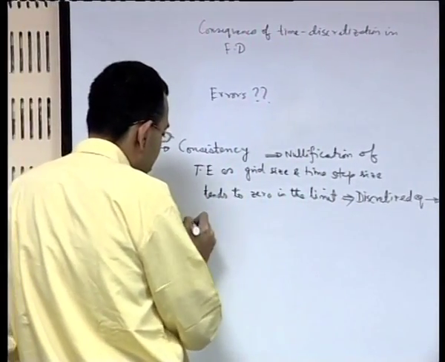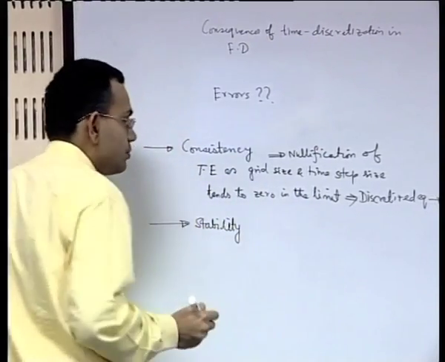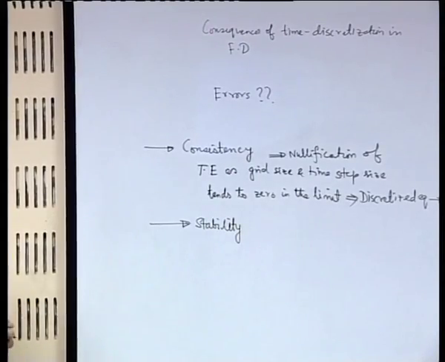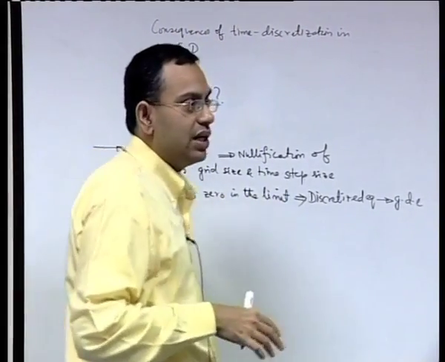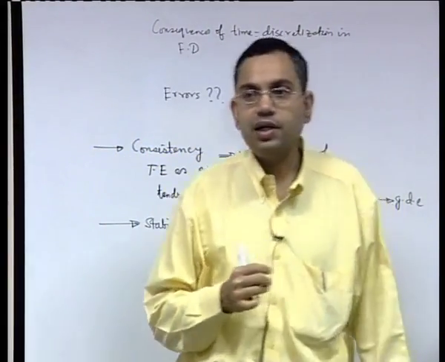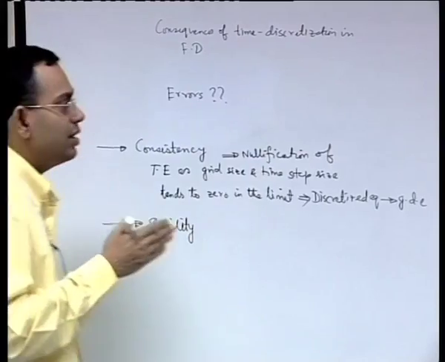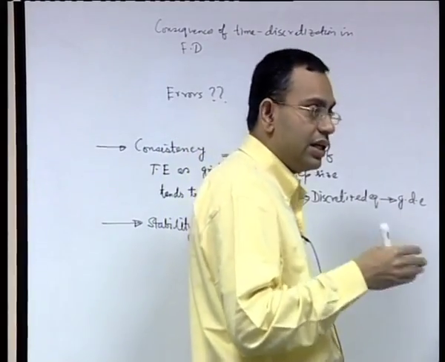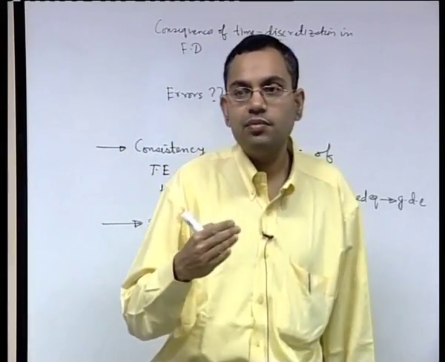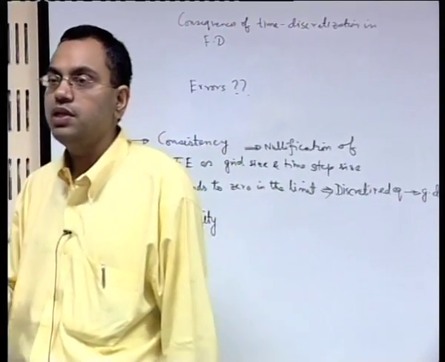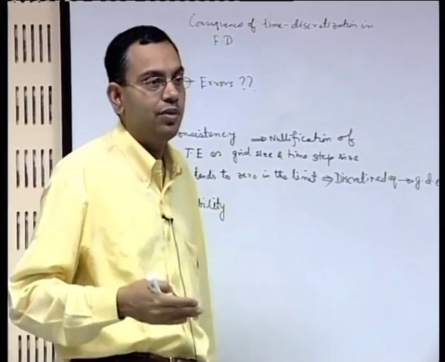The next is stability. Now, just like consistency talks about the truncation error, stability talks about the round off errors. When you have a number represented by a decimal system, you are using a fixed number of digits beyond the decimal, based on the precision of the computer that you are using.